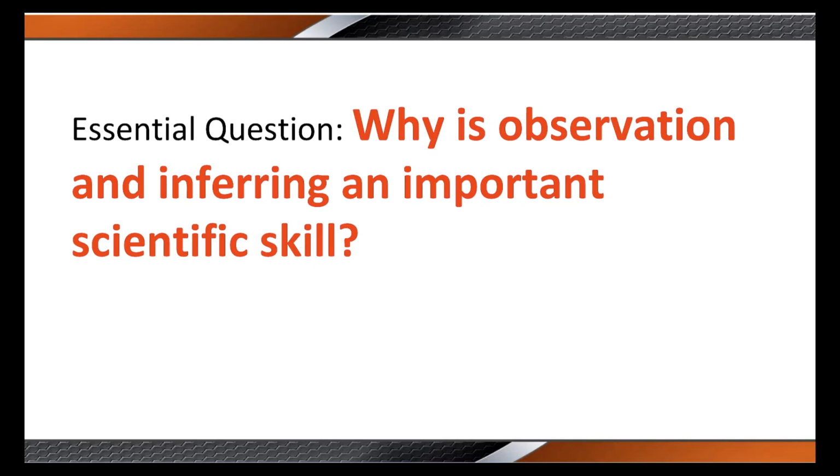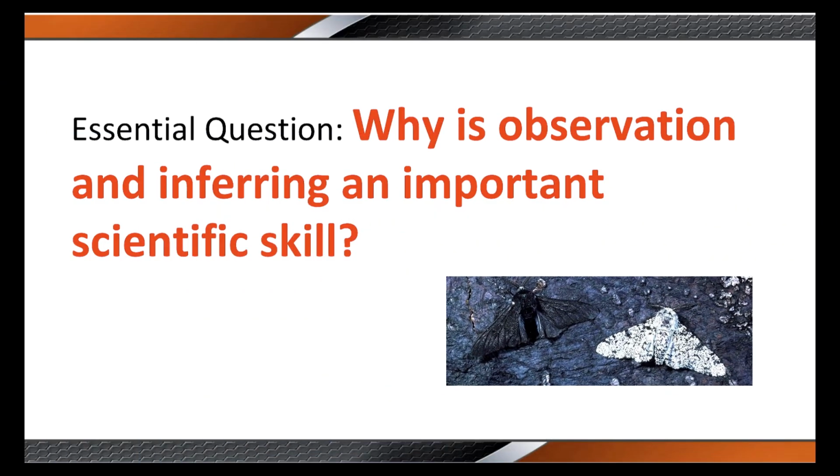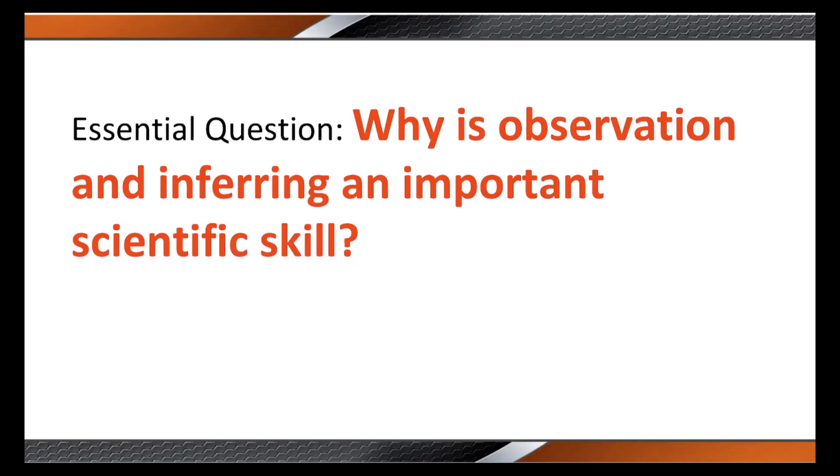Now, what I'm going to show you is a small video clip on the natural evolution of the peppered moth. How has that peppered moth changed throughout history? What has caused those changes? What did we observe as the factor that caused the change within the peppered moth population? So we'll do that right now.